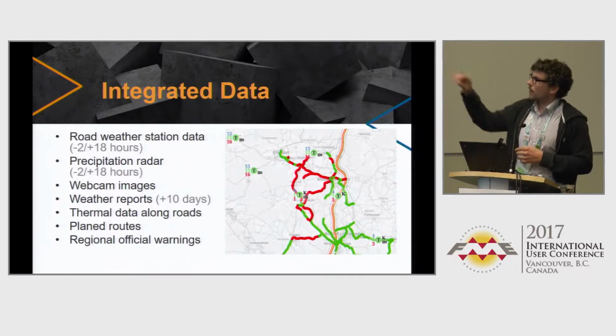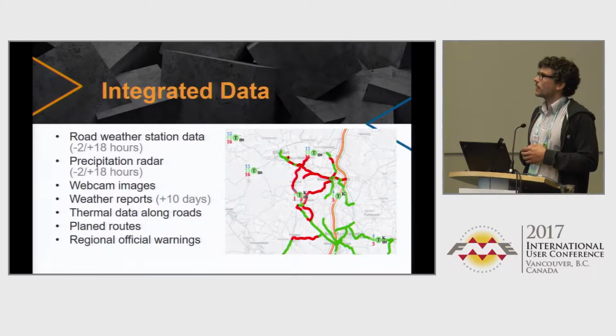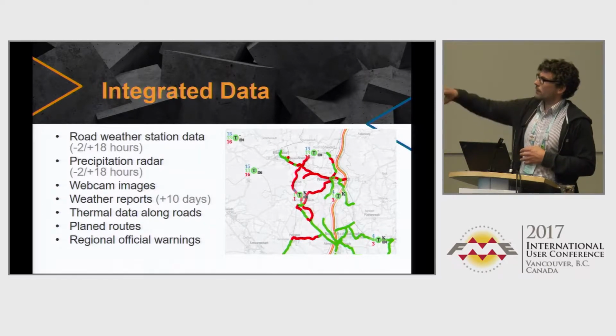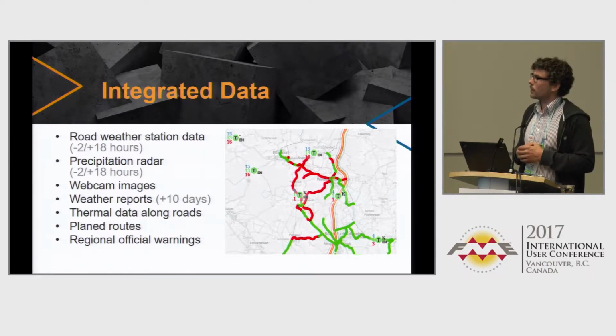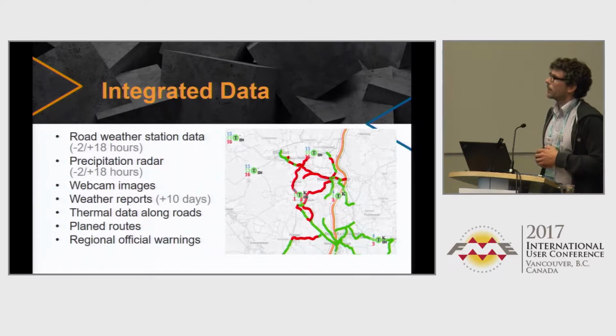You can see this here on the right side a little bit. Like the red roads are basically the ones where you might have ice or snow, and the green ones are the ones where you don't have to worry.